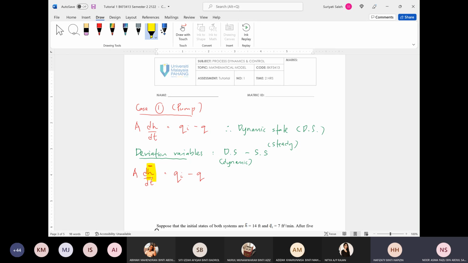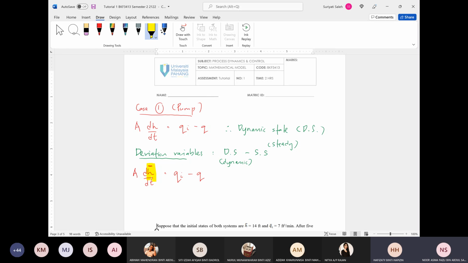Normally the steady state refers to the initial value, the value at time equal to 0. The H is going to change, and whenever it changes, it must have a starting value. This starting value represents the value at time equal to 0 before the process starts. That's why you put it as a bar.